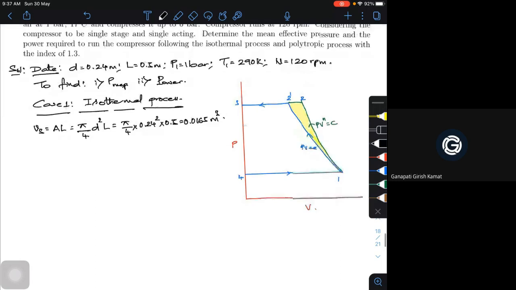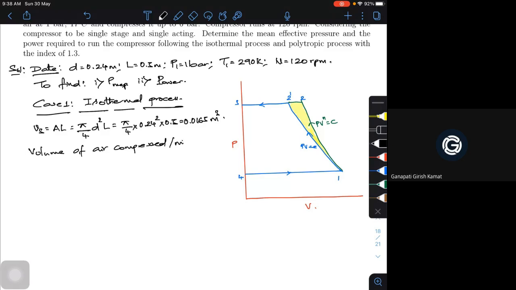Next, the volume of air compressed per minute.